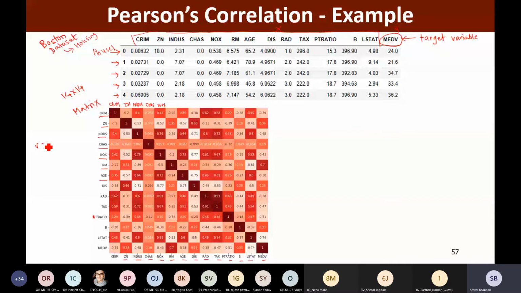And the formula that we have used for computing the Pearson correlation coefficient is r. So the values we are looking at right now in this matrix are the respective correlation coefficients.